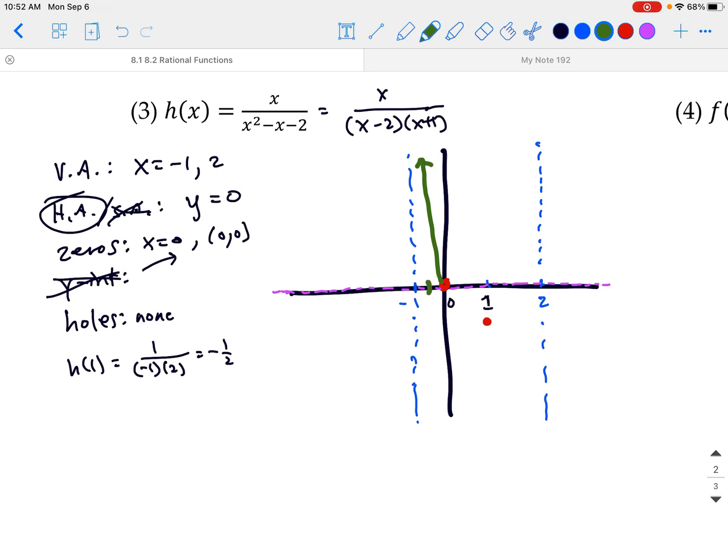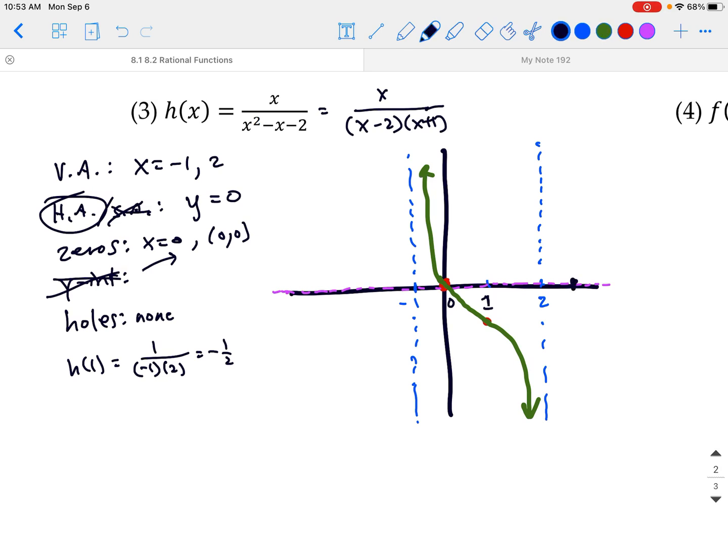Now you could verify this by choosing negative 1/2, somewhere in between. If you plug in negative 1/2, you will definitely get a larger positive number because you get a negative over a negative. So this graph is definitely going to tend towards positive infinity from the right at negative 1. And then it's going to pass through our negative 1/2 and then continue so that it has sort of an odd degree polynomial shape, sort of like a cubic shape, but not exactly.